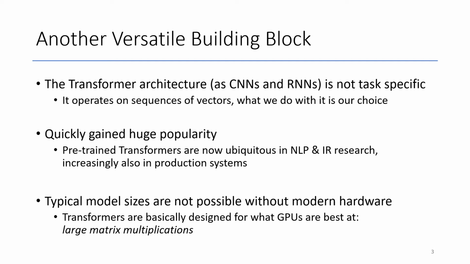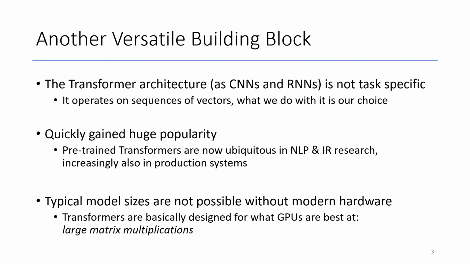The transformer architecture quickly gained huge popularity, and now especially pre-trained models are ubiquitous in NLP and IR research, and increasingly also in production systems with techniques such as quantization or knowledge distillation. Typical model sizes are not possible without current or previous generation GPUs.